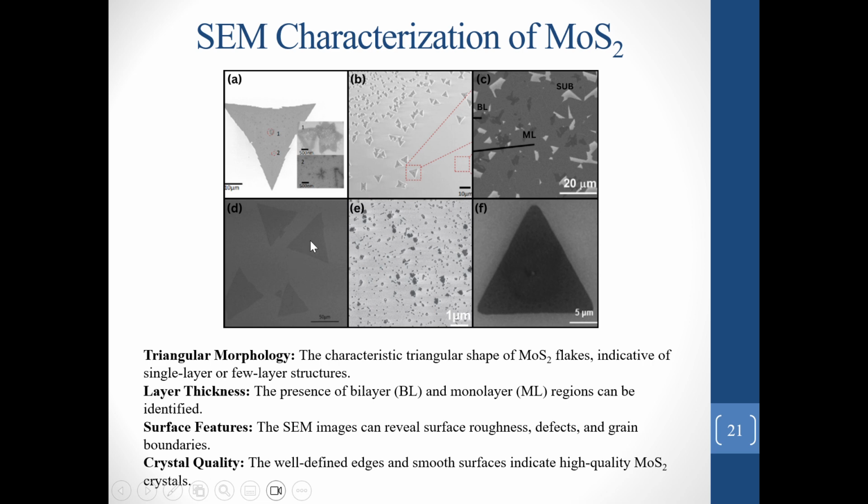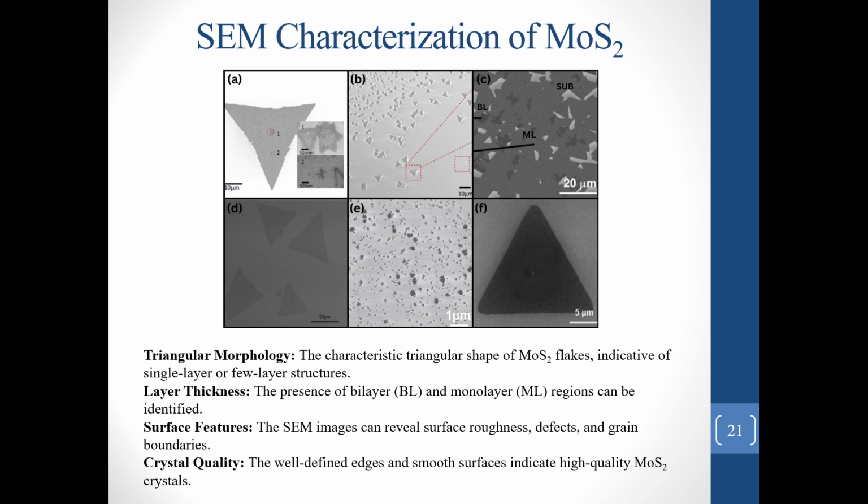You can see this basically shows a single layer, or probably a few layers, meaning multi-layer, which is the bulk material. So SEM also indicates the layer thickness. The presence of bilayer and monolayer regions can be identified.